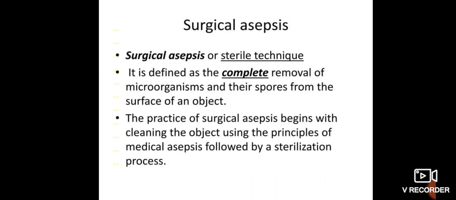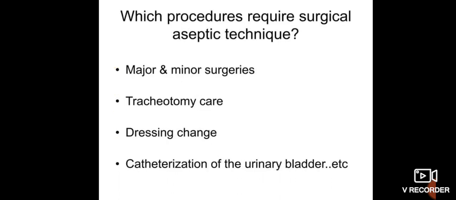And surgical asepsis, or the sterile technique, is defined as complete removal of microorganisms and their spores from the surface of an object. The practice of surgical asepsis begins with cleaning the object using the principles of medical asepsis, followed by the sterilization process.